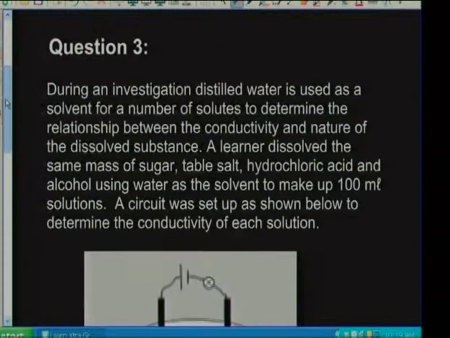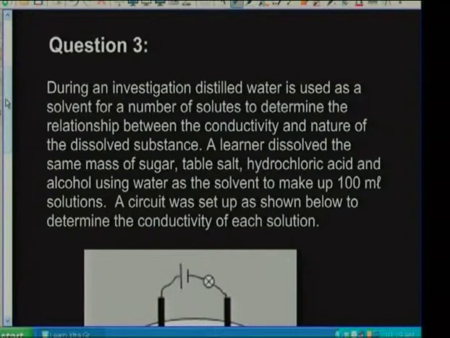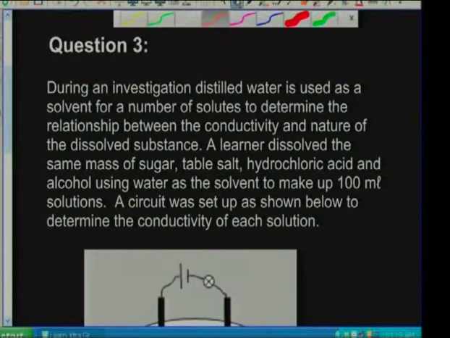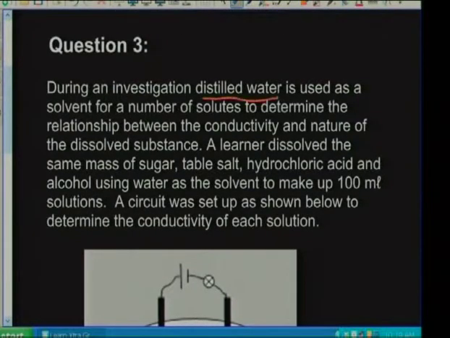Now, let's go and have a look at a question based on what we've just done. And we're told here that during an investigation, just highlight the key points here, distilled water is used as a solvent for a number of solutes to determine the relationship between the conductivity and the nature of the dissolved substance.